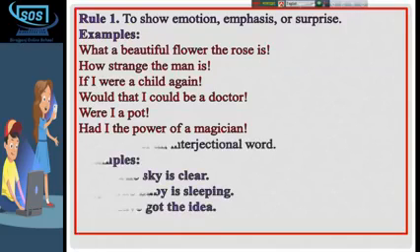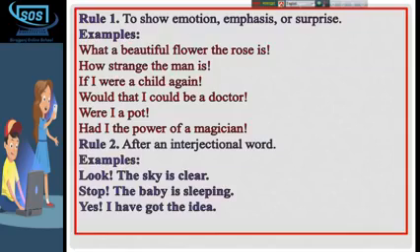Students, in the same way, after an interjectional word, we need to use an exclamation mark. Look! The sky is clear. Stop! The baby is sleeping.